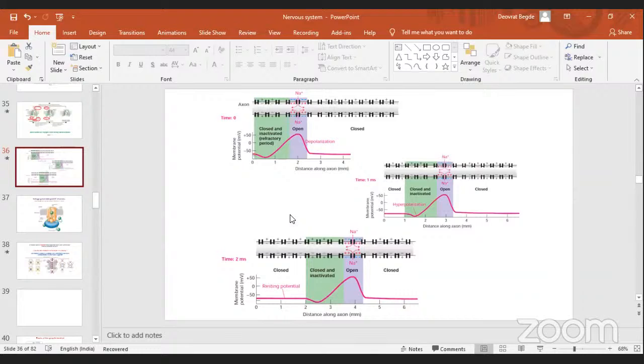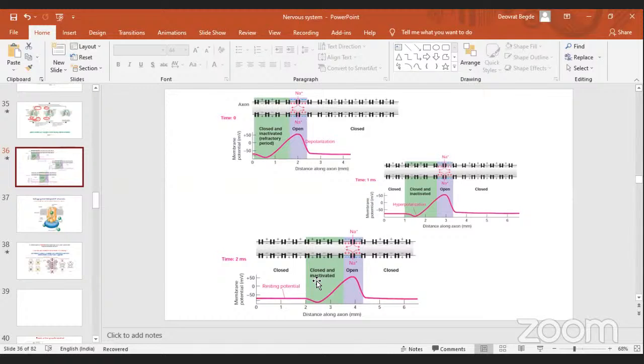The membrane gets repolarized back so that it can reinitiate another action potential later on. This scheme also ensures that the migration of the action potential always happens towards the axon terminus, and it never goes in a backward direction.